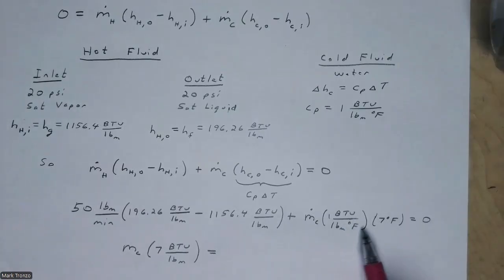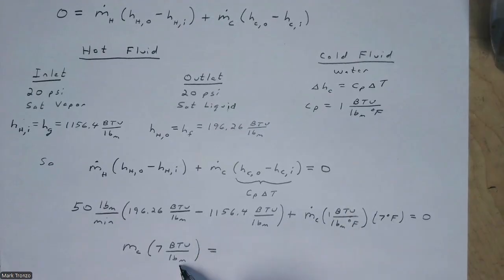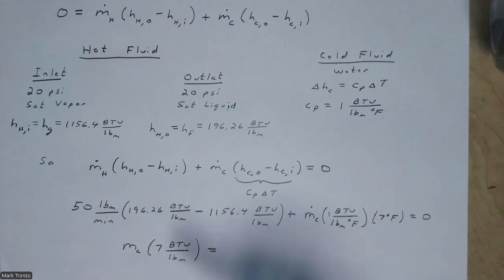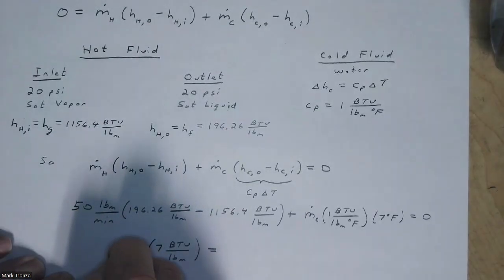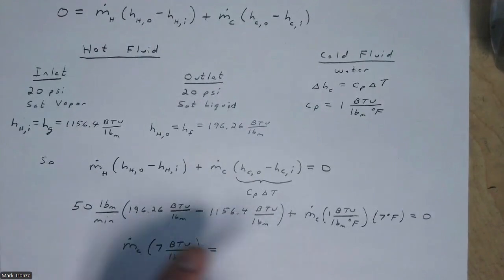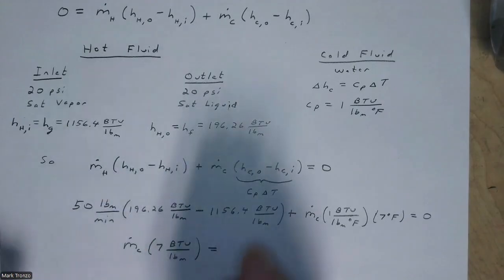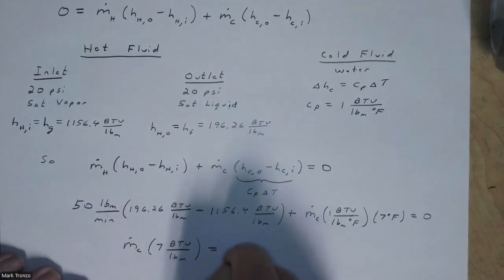Of course, over here the Fahrenheit cancel, and we have BTUs per pound. So we have 7 BTUs per pound mass times m c dot. And if we bring this over to the other side, on this side this was negative 48,000. We bring it over, it'll be a positive 48,000.